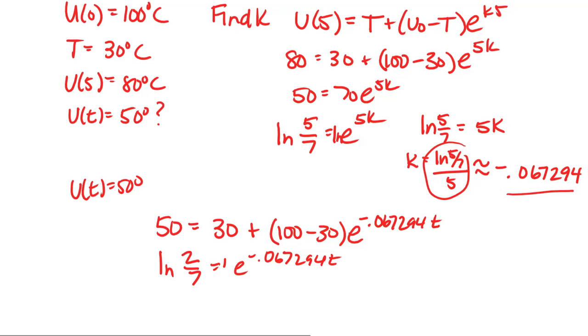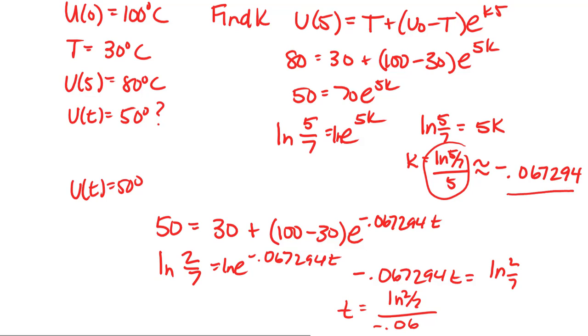I'll take the natural log of both sides, and I'm going to get that negative 0.067294t is equal to the natural log of 2/7, or t is equal to the natural log of 2/7 divided by negative 0.067294, and t is approximately equal to 18.6 minutes.